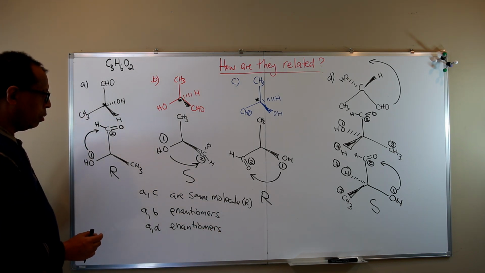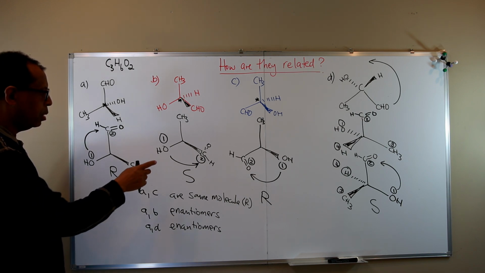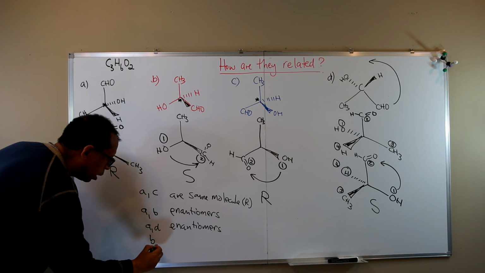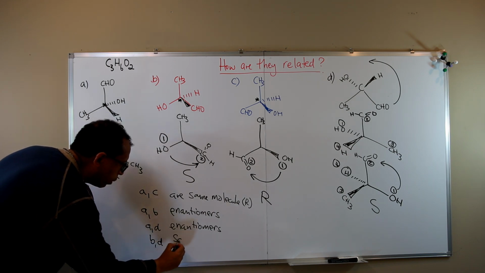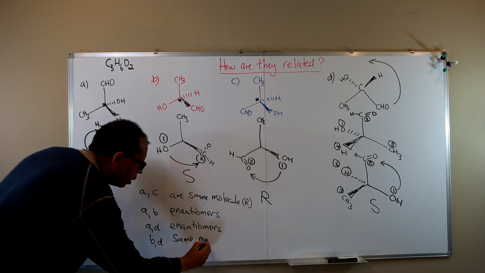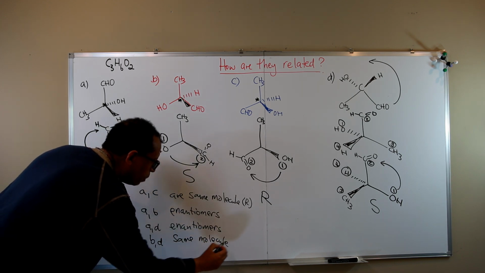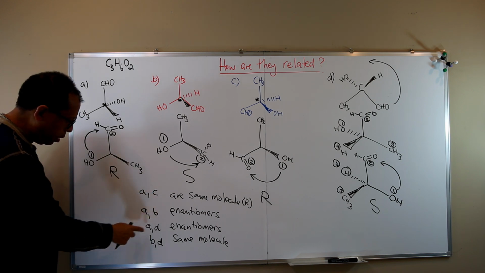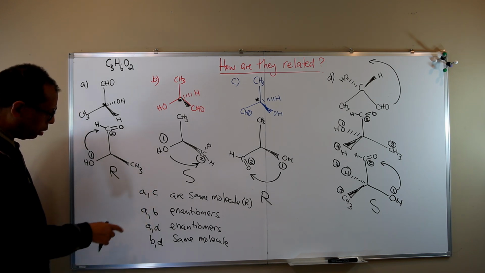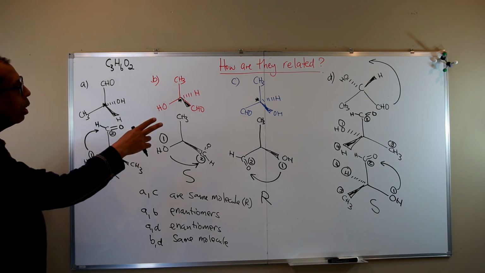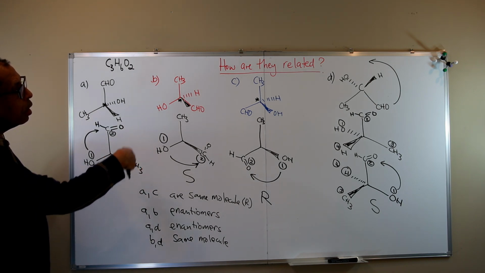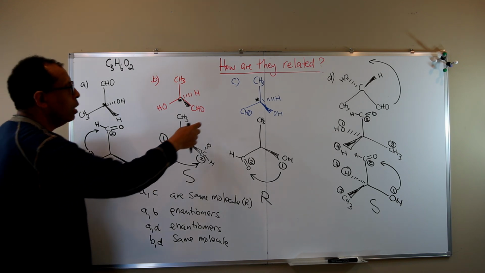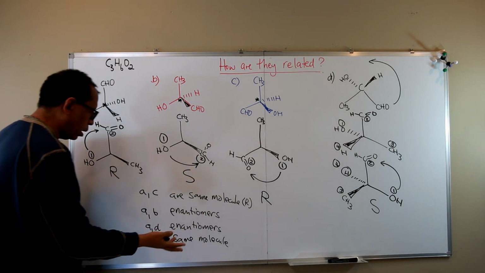So what is the relationship between B and D? B and D are the same molecules. So basically we have A with C, A with B, A with D, and B with D. So B is S and D is S. And so you can also say that C and D are enantiomers as well.